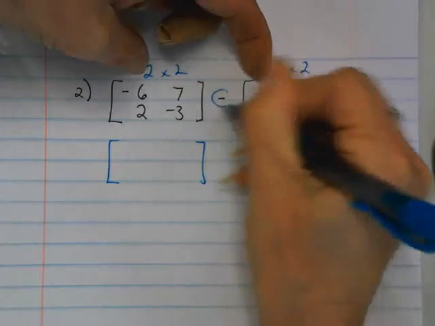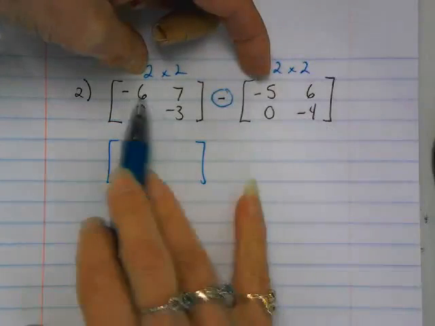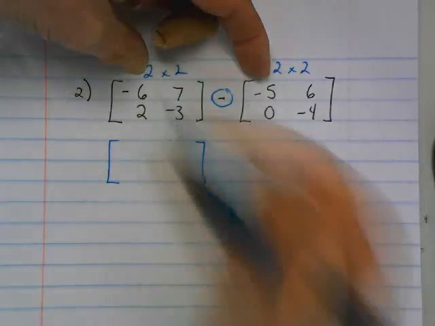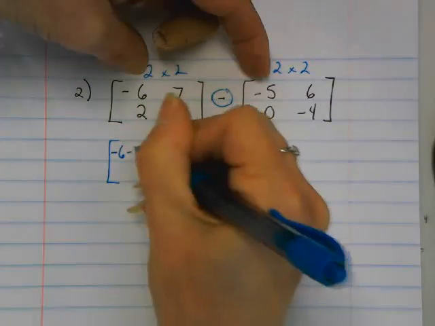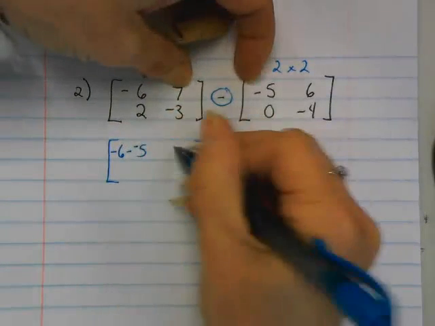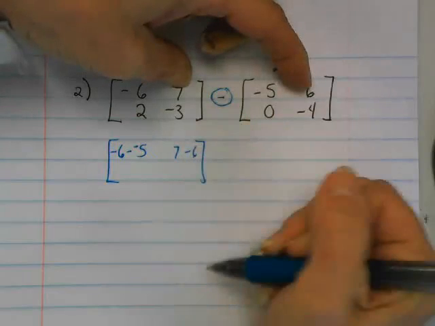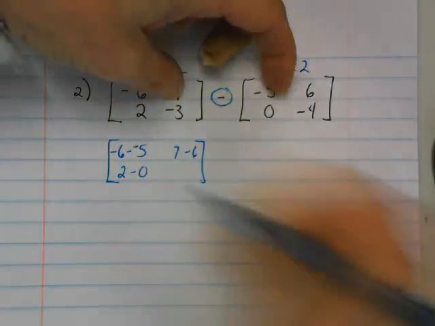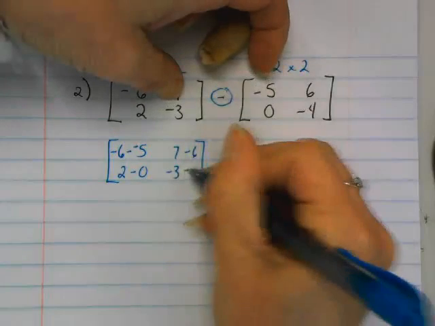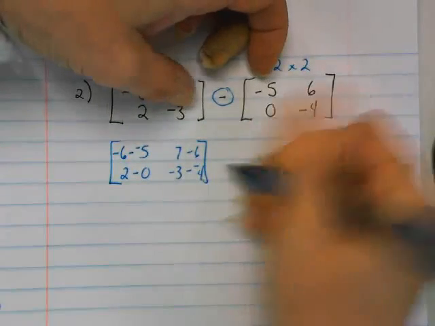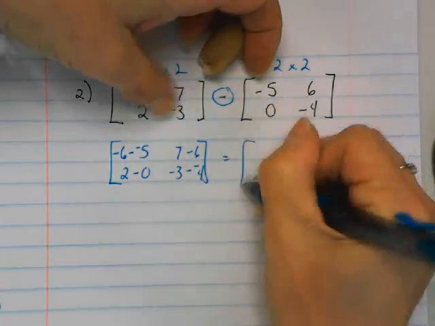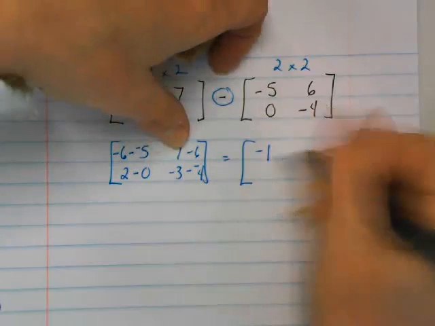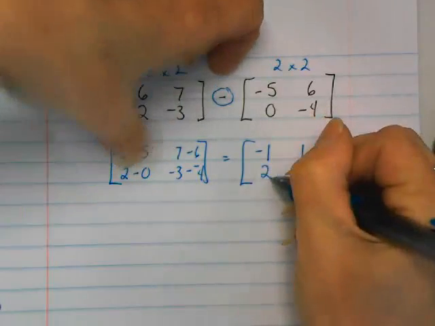Keep in mind we are subtracting. So I have -6 minus -5, 7 minus 6, 2 minus 0, -3 minus -4. My final answer is going to be -1, 1, 2, 1.